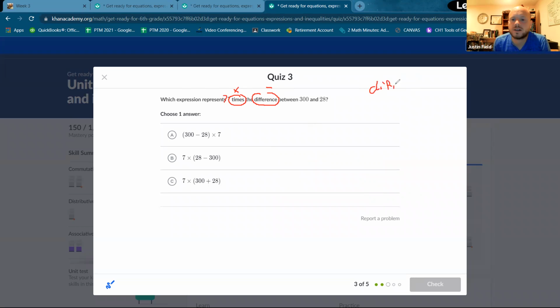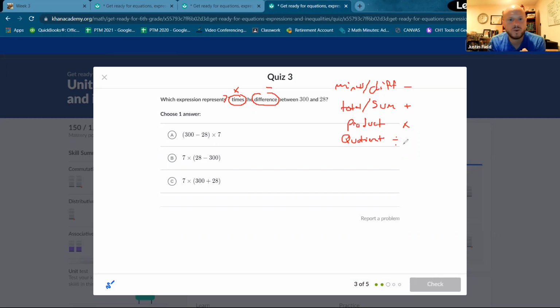So difference is subtraction, sum is addition, or you could say total, you know, minus, product is multiplication, quotient is division. And so as you do these word problems, you definitely want to make a list of the keywords and get those in your mind. And they'll not only help you get the right answer, but they'll help you understand how to do the math with things in the future, like problem solving.